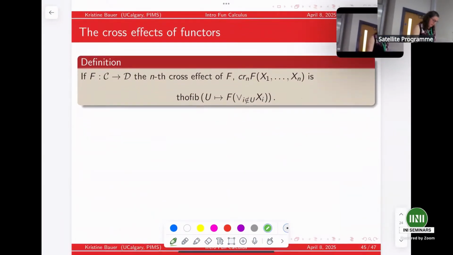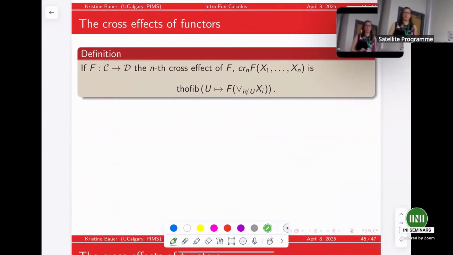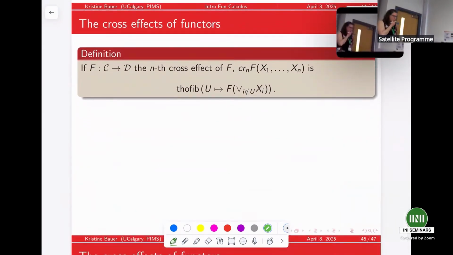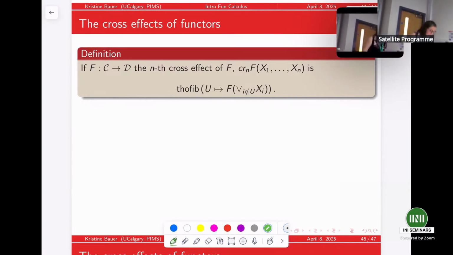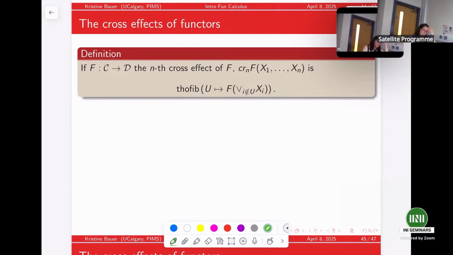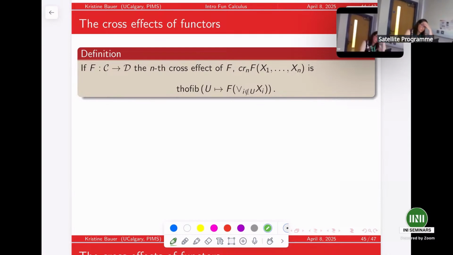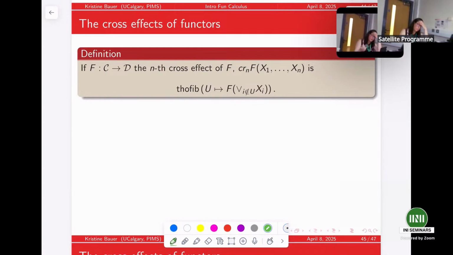I don't remember what I said next because after this I have to wave my hands a lot. All right, so here's how we do it topologically. I can define a cross effect functor, and I define my cross effect functor as the total homotopy fiber of the cube that I get by taking coproducts of spaces.